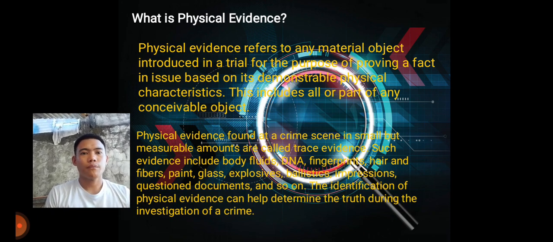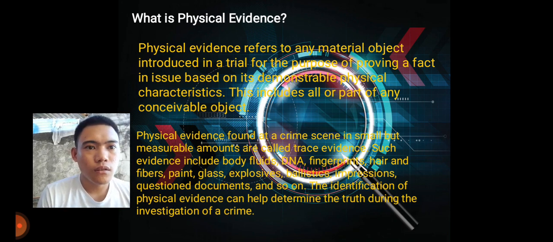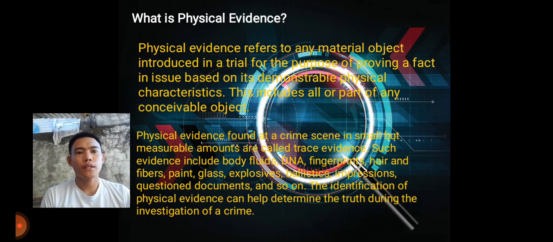What is a physical evidence? Physical evidence refers to any material object introduced in the trial for the purpose of providing a fact in issue based on its demonstrable physical characteristics. This includes all or part of any conceivable object.